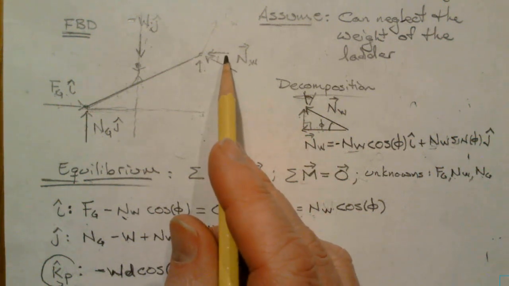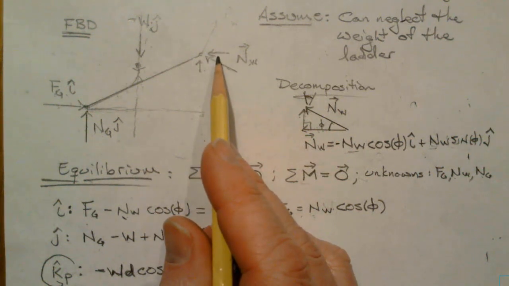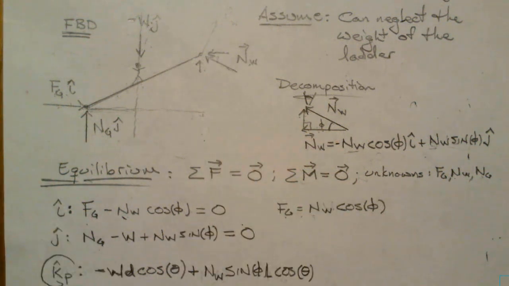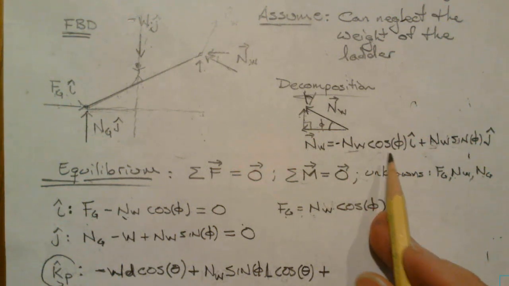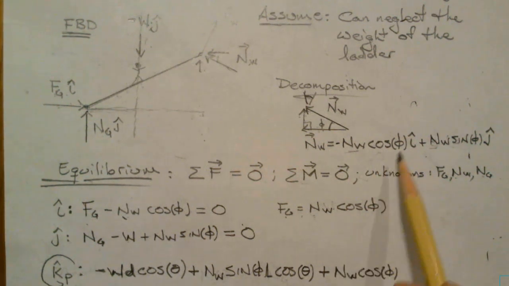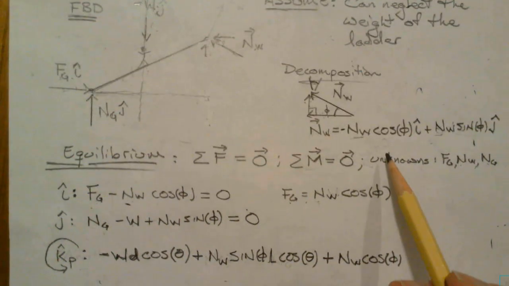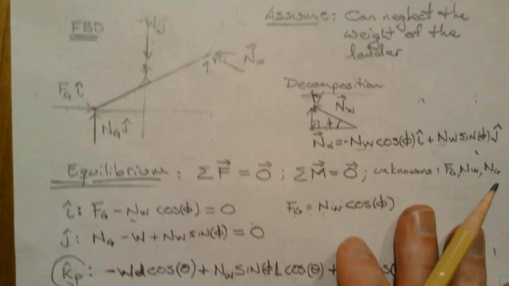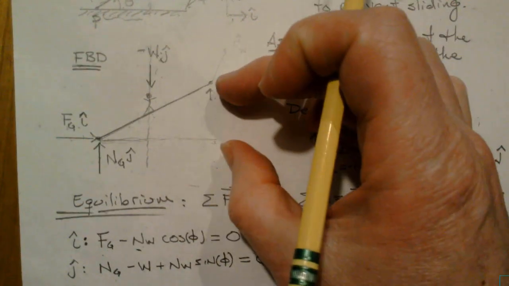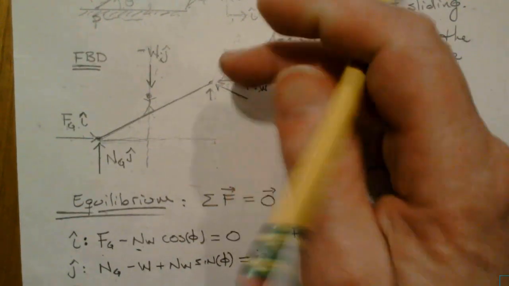Now the horizontal component of the normal force is going to produce another positive moment, right? So plus, and the force is going to have magnitude N_W cosine phi, right? That's what that's telling us. And then the perpendicular distance is going to be this height right there, right?